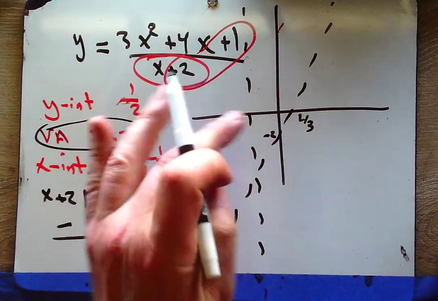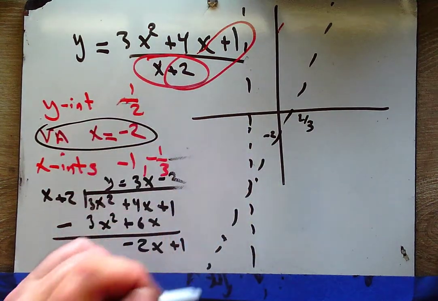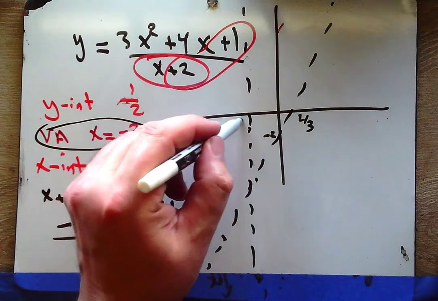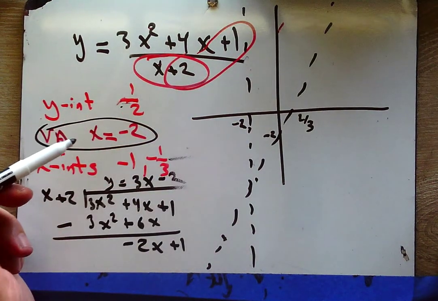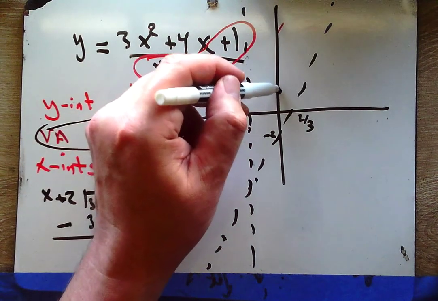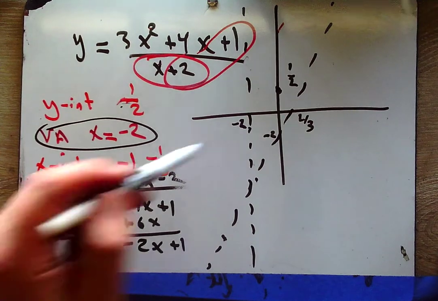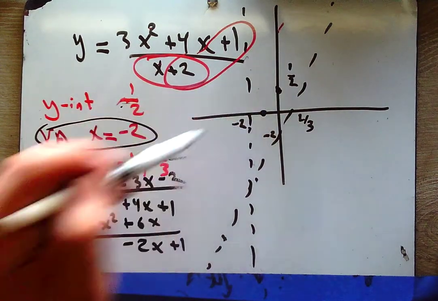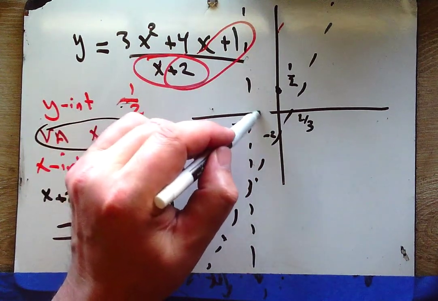So look, I did it again. It's kind of funny. Okay. There's -2 there. What else do I know? A y-intercept of +1/2. I see x-intercepts at -1 and -1/3. Ooh, interesting.